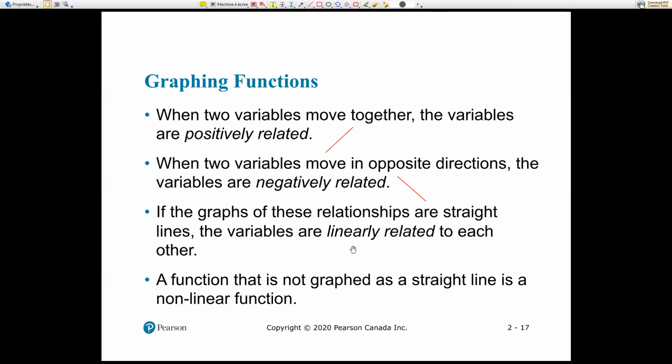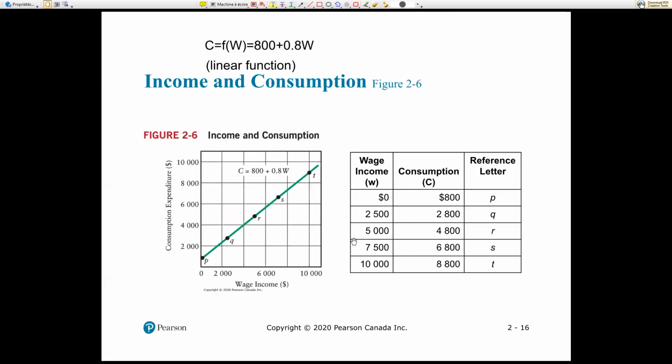So this would also be a linear relationship because it's a straight line. It's not curved. If it's curved, then we say it's non-linear. A linear relationship you can express this way. There's a coefficient which links the x variable, or w variable, with the c variable, which is a constant.